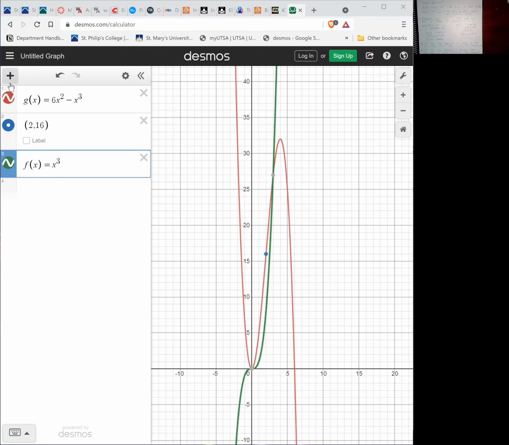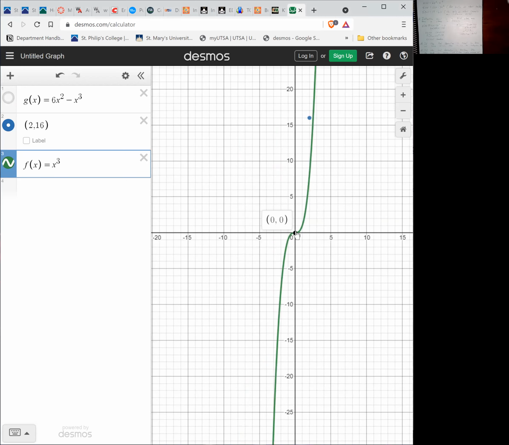Something like this would have one. If you find the derivative of x cubed, you're going to get 3x squared.